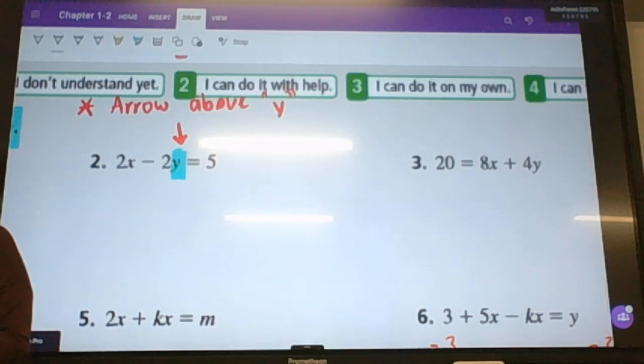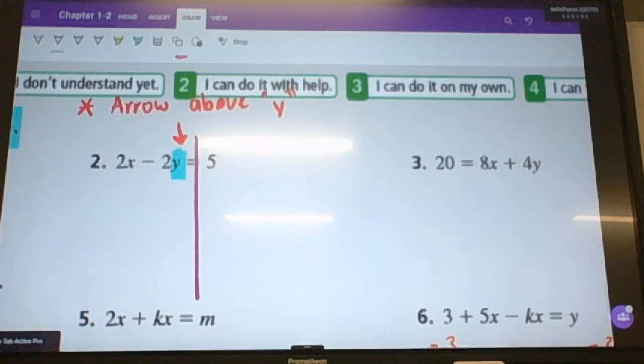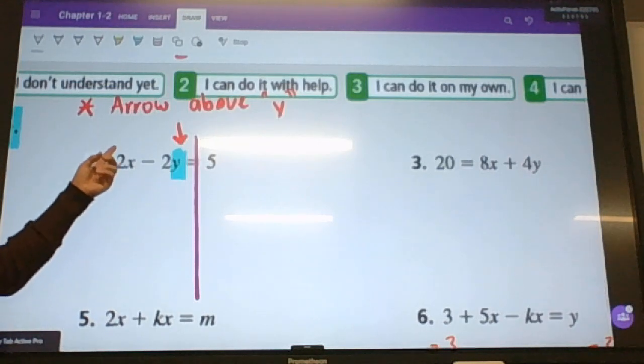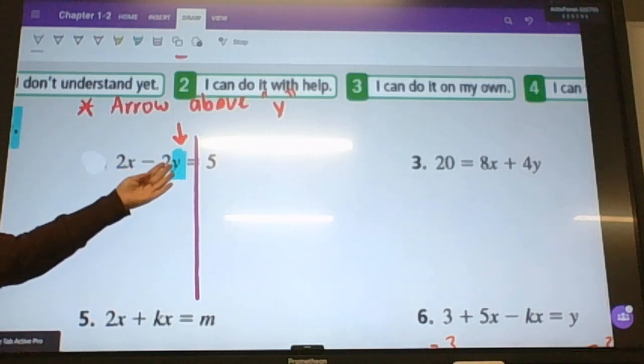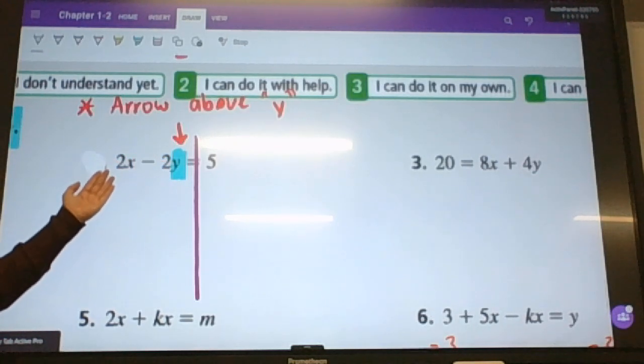So let's put our line in. Oh, shoot. I just said plus and subtraction first. This is a positive 2x right here. Don't look on the right side. Look on the left side. This is a positive 2x.